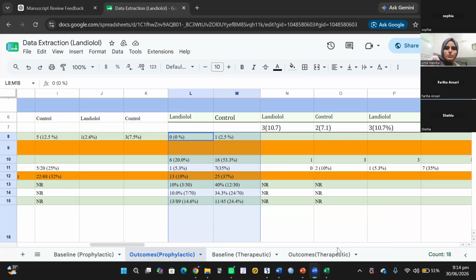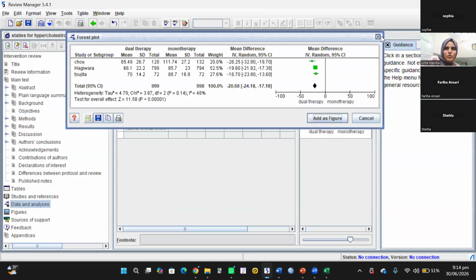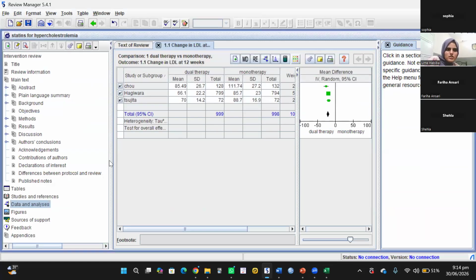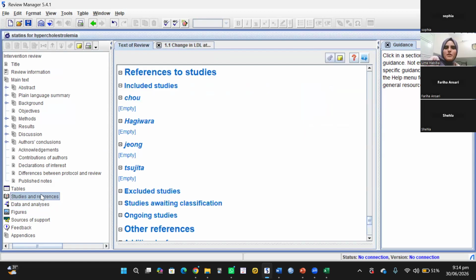So what I'm going to do is, I'm going back to RevMan, and now closing it, I need to make a new comparison because this is an entirely new drug. Ideally a new review, but for now I can just add a new comparison.